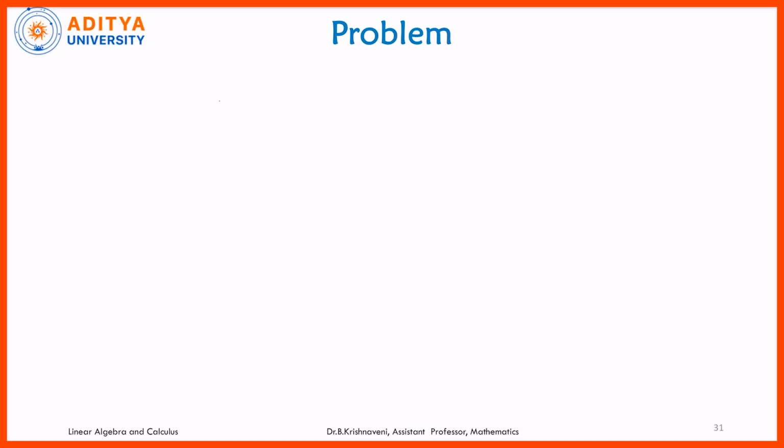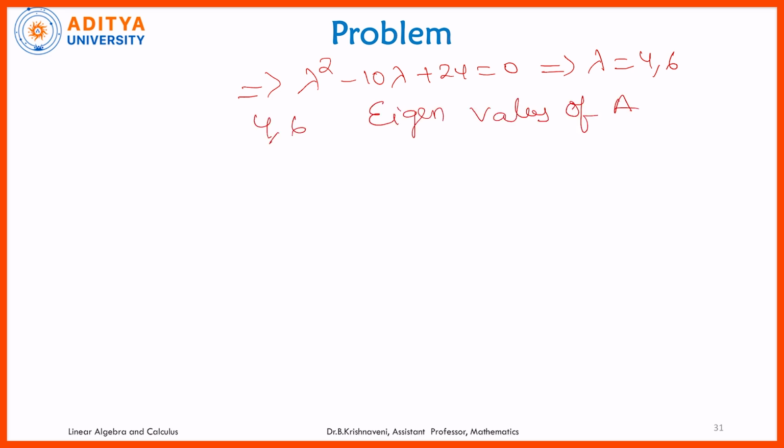On simplification, you get the polynomial lambda square minus 10 lambda plus 24 is equal to 0. On solving this equation, we get lambda is equal to 4, 6, representing the eigenvalues of A.